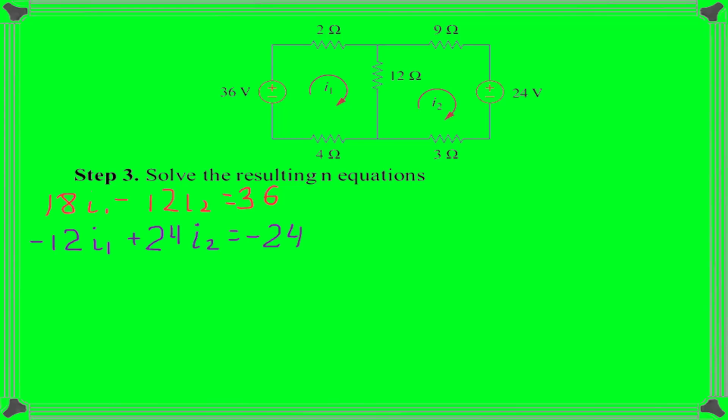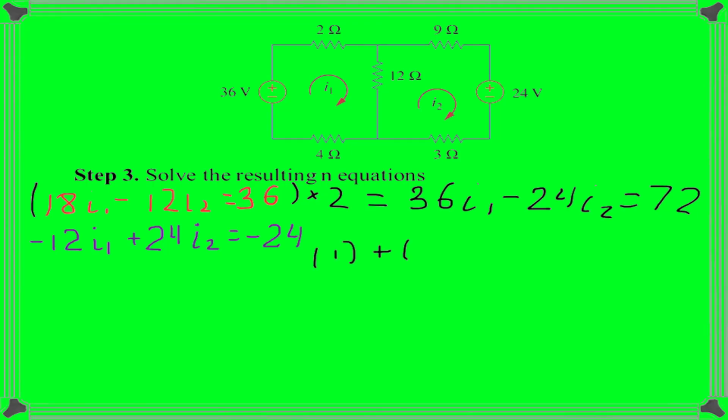What we can do? So let's just multiply the first equation by 2. And what we're going to have? 36 I1 minus 24 I2 equals 72. Then we'll add the first equation to the second equation.